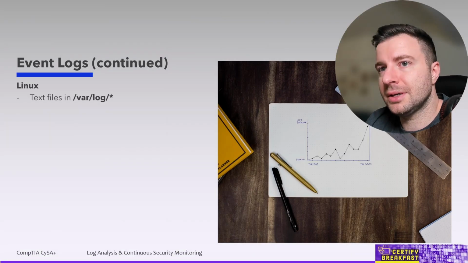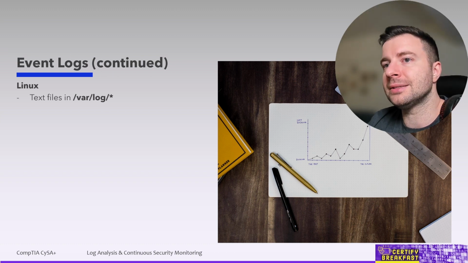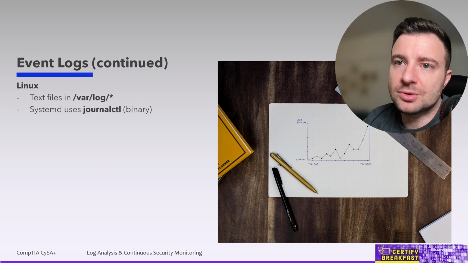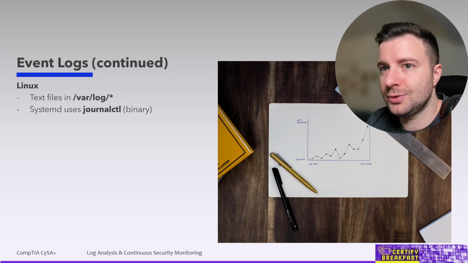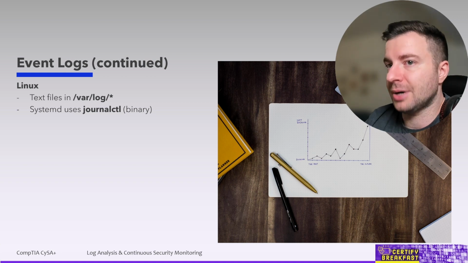Now on Linux, Linux will by default store most of its logs in /var/log. That's the location, and it's going to be in text format. Now some newer distributions using systemd require the use of the journalctl command to view the systemd logs because they are stored nowadays in binary format.